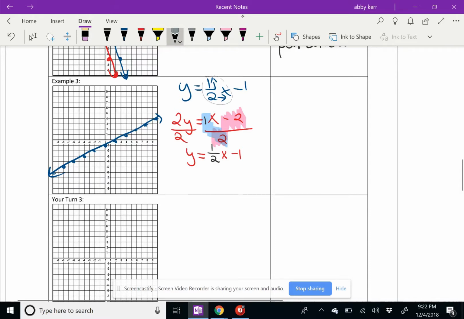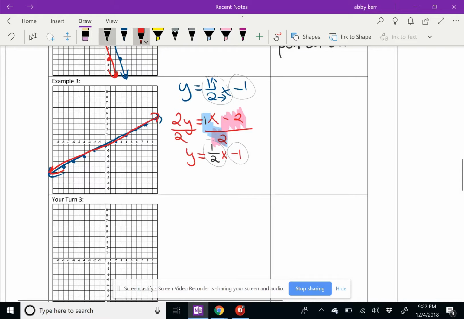If you notice, my slope is the same, my y-intercept is the same. So if I were to graph that, it would overlap exactly. And of course, yours would be better because you have a straight edge and you're not working on a tablet like I am.